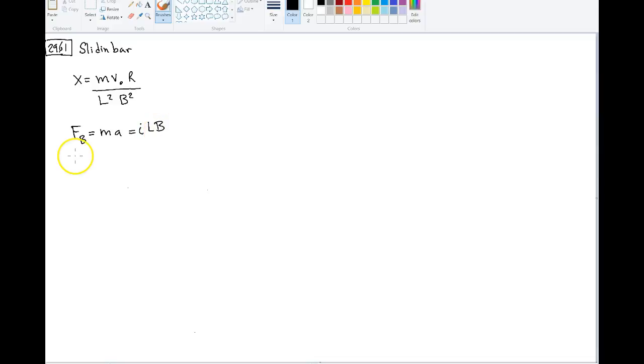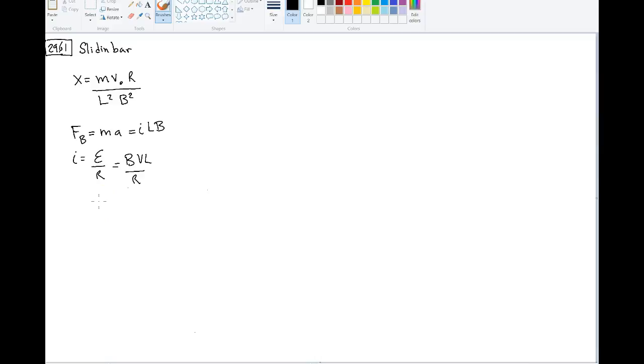E over R. And that's also equal to B L V over R. Okay, so we take that, plug it in there, and we get B squared L squared V over R. Okay, so here's the relationship between the acceleration and the velocity.